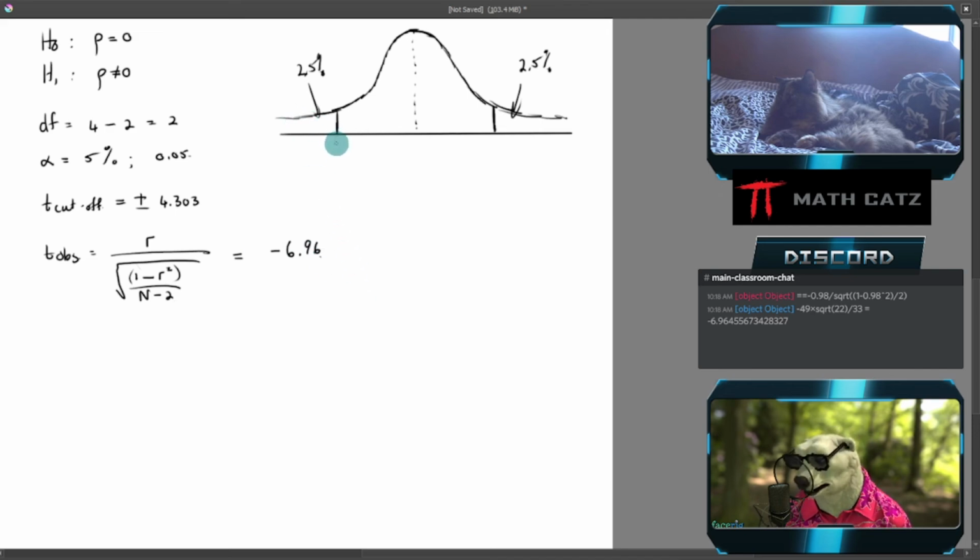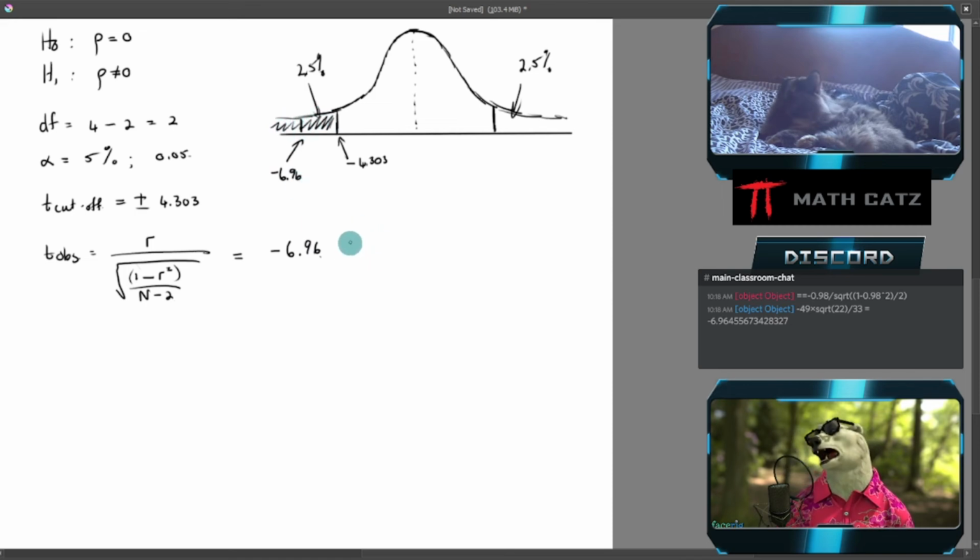So the left cutoff is negative 4.303. This observed correlation coefficient, when we sort of quote-unquote standardize it to a t-score, puts us more extreme at negative 6.96, further away.